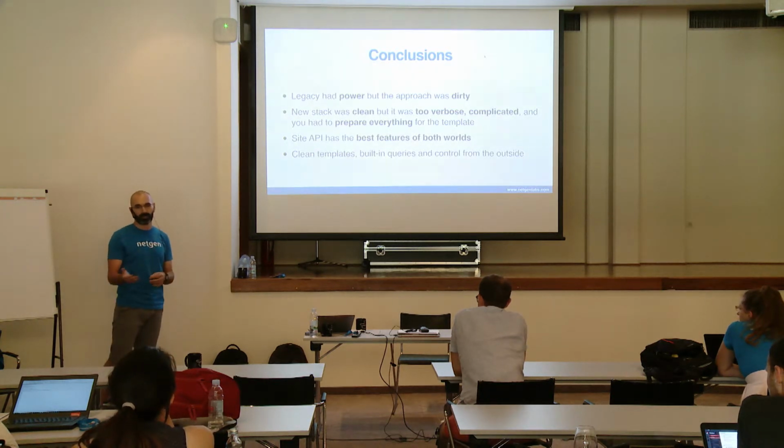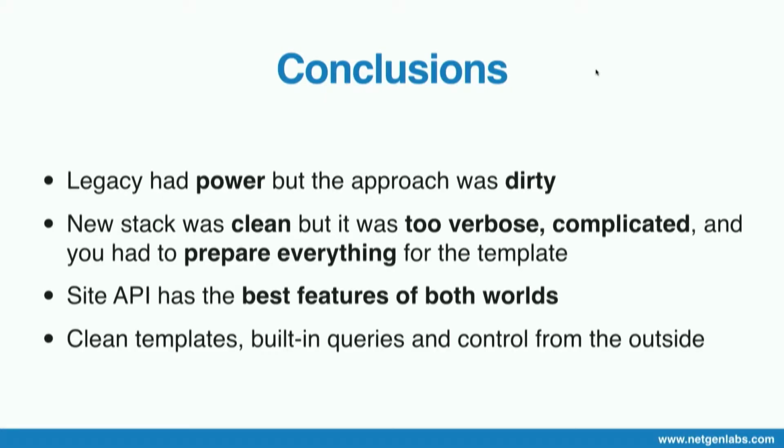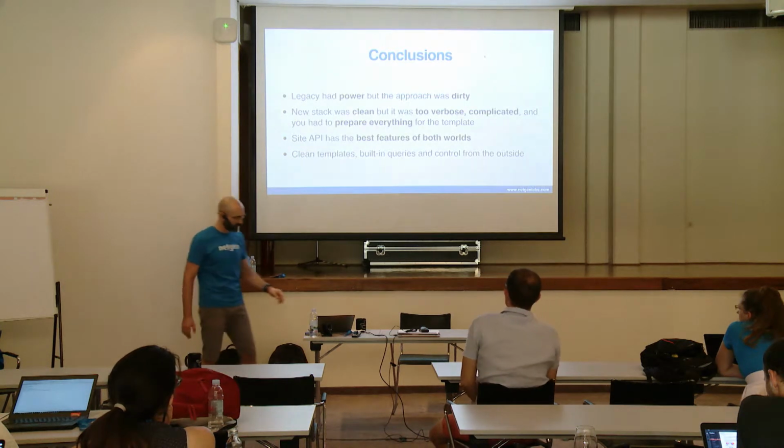It's kind of dependency injection, right? You could look at it that way. You inject stuff into the template instead of pulling it in. And this is what I think makes it clean. So with it, you basically get clean templates, built-in queries covering common use cases, and control of all of it from the outside.